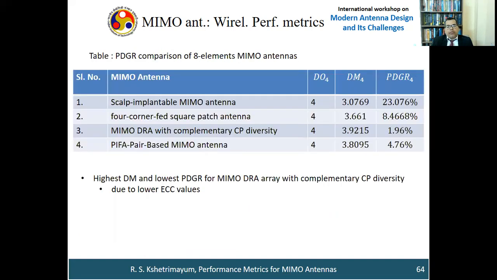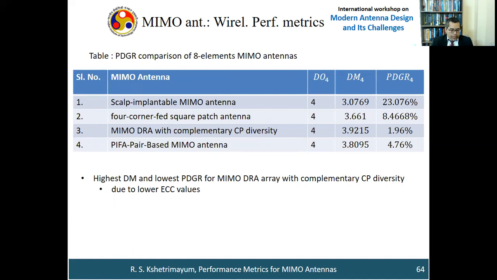When we compare the performance, we see that the first one has the highest PGDR, so it will have the lowest diversity gain performance. The third one, MIMO DRA, will have the best performance in MIMO wireless communication because PGDR is 1.96%, which is less than 2. This is all possible because the third antenna has lower ECC values.